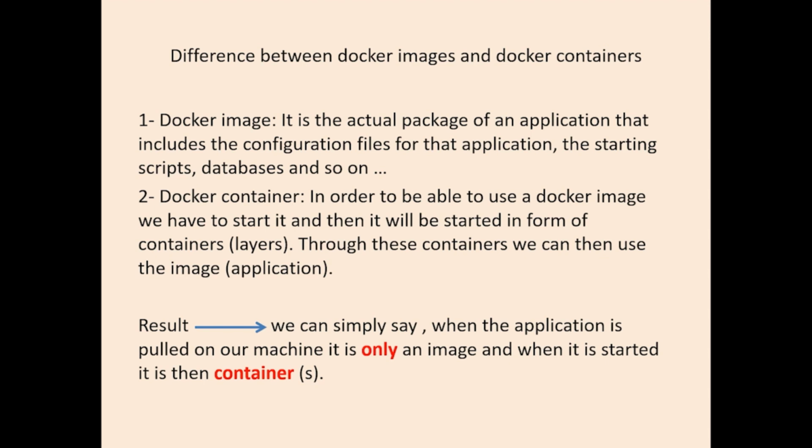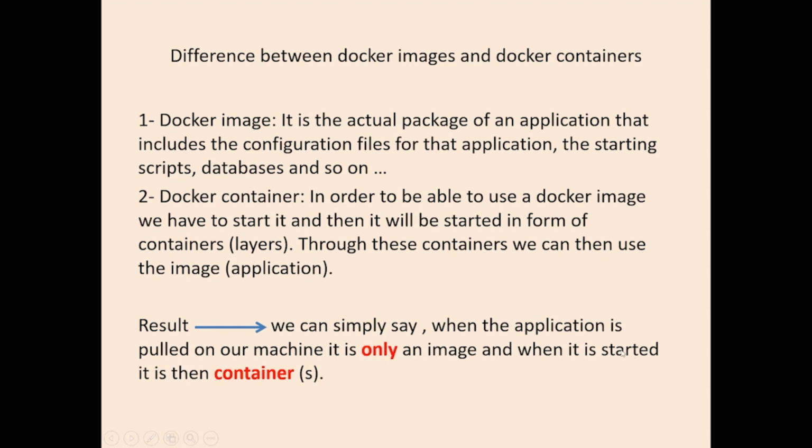So guys, if you want to make this definition simpler, so that you can understand it very easily, we say that when the application is pulled, application here is the Docker image. When this application in form of Docker image is pulled on our machine, it is only an image. We cannot use it. It is just an image.